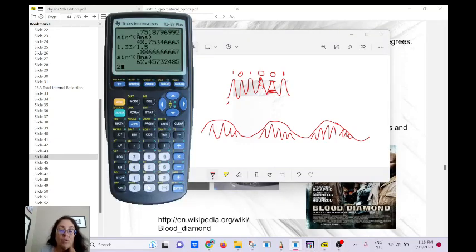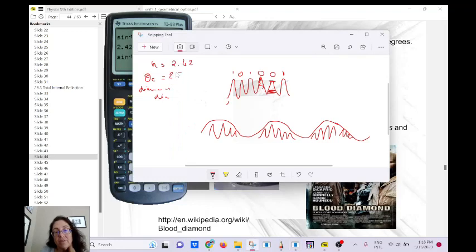It's going to be 1 over 2.42. You take the reciprocal, you take the inverse sine here, and you get 24 degrees, about 25 degrees, right? So if the angle of incidence is larger than 25 degrees, it's going to be total reflection.